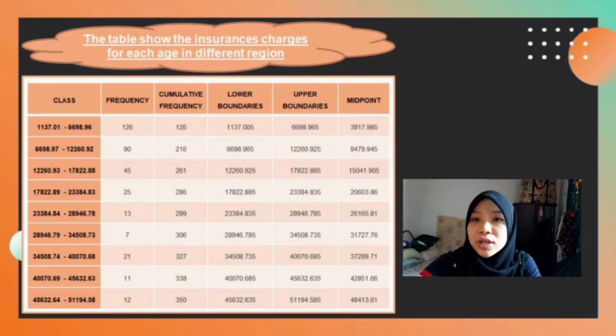The lowest frequency is in the sixth class, as much as 7. The cumulative frequency of a class is the sum of the frequency for the class and all previous classes. Here we can see that the total of the frequency is 350, which is equal to the sample size.